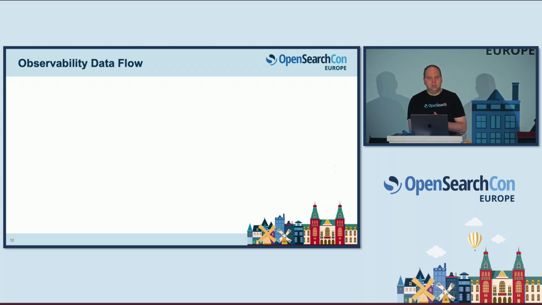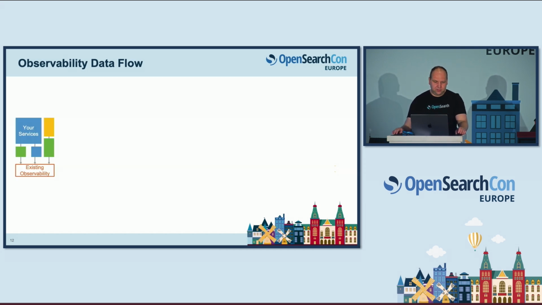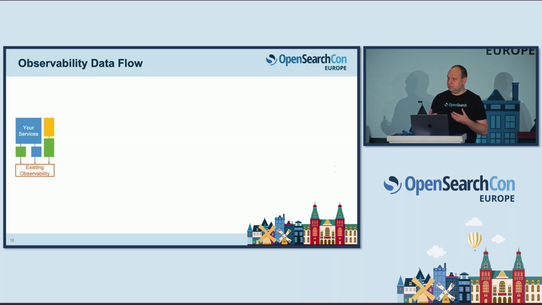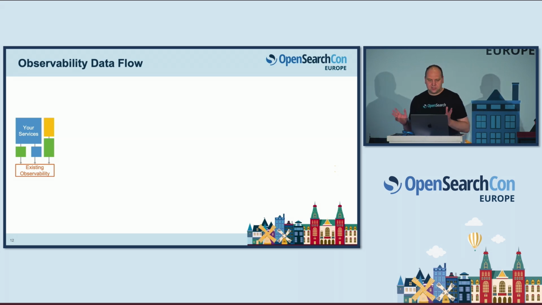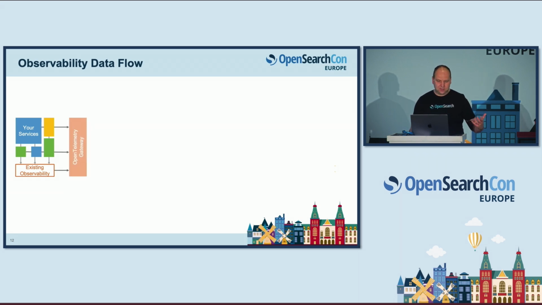Okay, how do we achieve this? There's a data flow to it. We start with the applications that we currently have. So there are some services, some microservices, some applications, some bigger ones, some smaller ones, and probably there's existing observability. The first thing that we do, and that was also presented here this morning, is the instrumentation with OpenTelemetry.